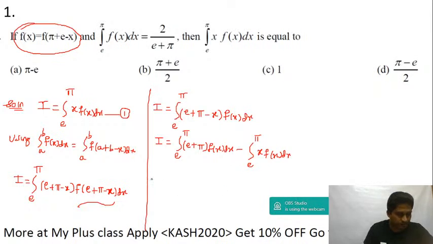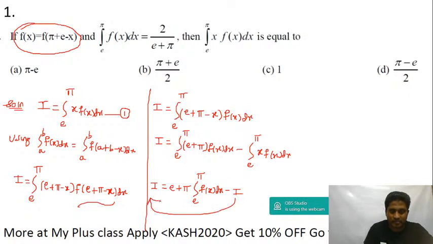So this becomes I is equal to e plus pi, which is a constant, times the integral from e to pi of f of x dx, minus I. Right, this last term is the same as I from equation 1.